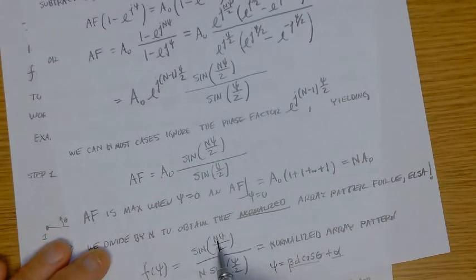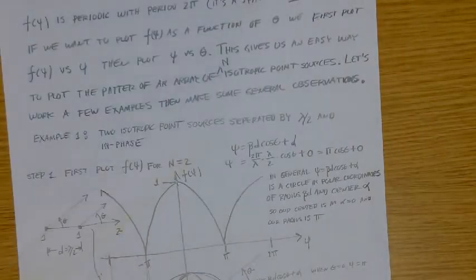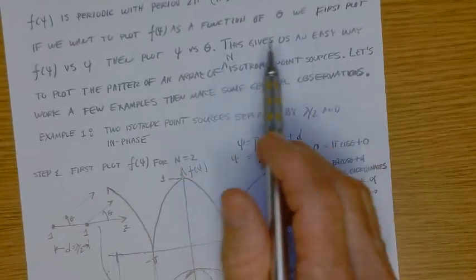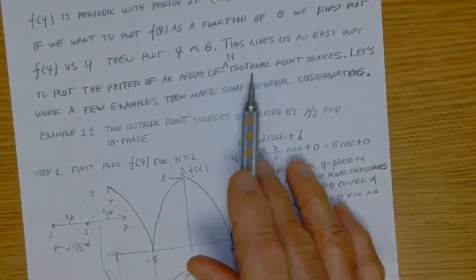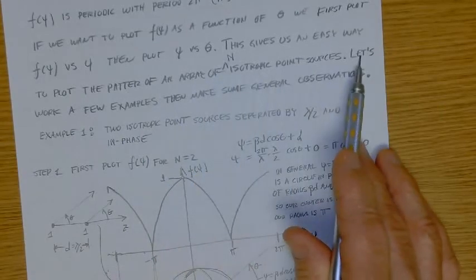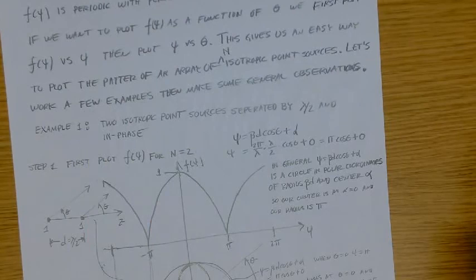If I tell you what n is, then you could write a MATLAB program and plot this function for a given n. So n has to be essentially specified. This gives us an easy way to plot the pattern of an array of n isotropic point sources. So let's work a few examples and make some general observations.